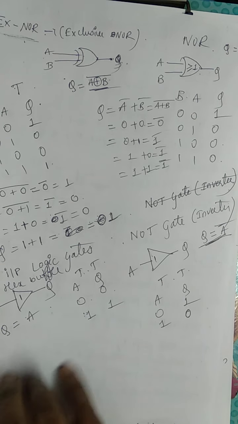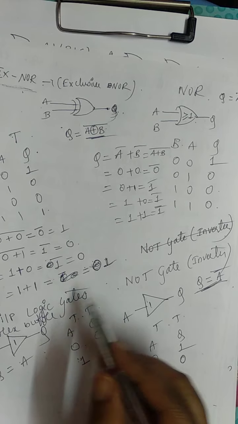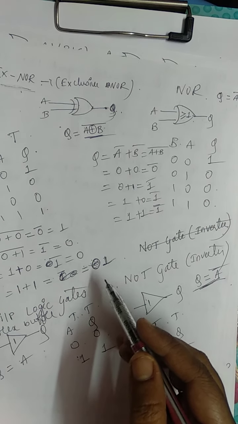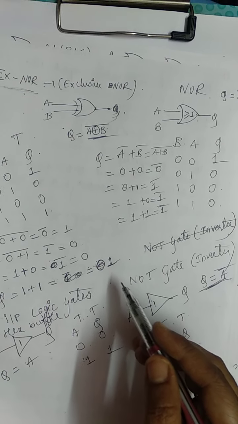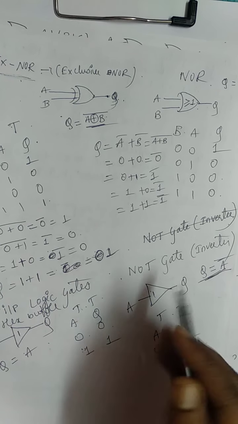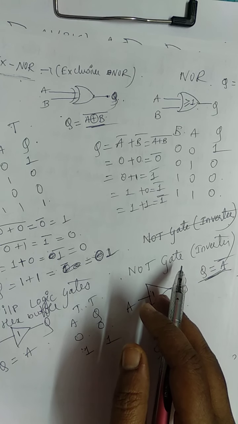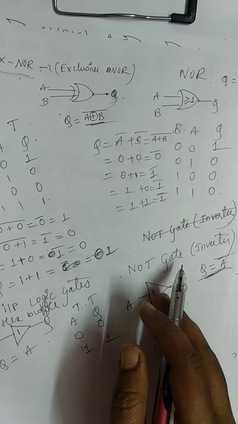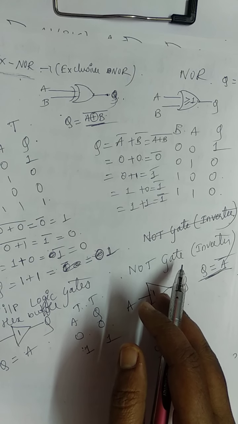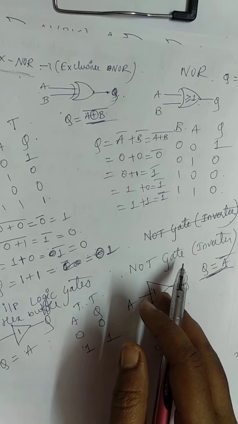Then, how many gates have we studied? Totally we have studied AND gate, OR gate, NAND gate, NOR gate, XOR gate, XNOR gate and NOT gate.